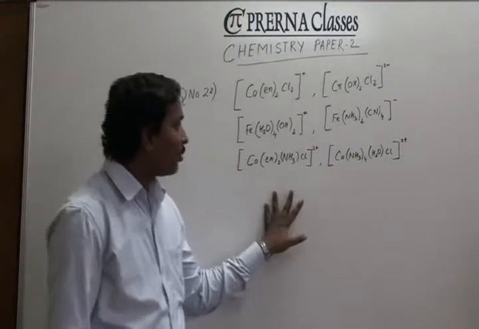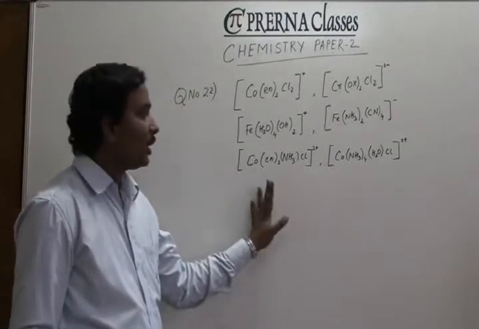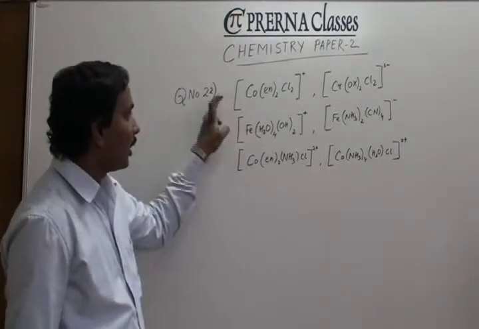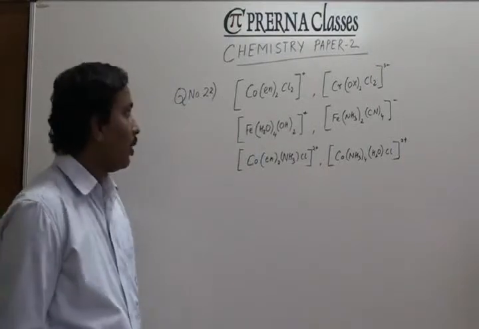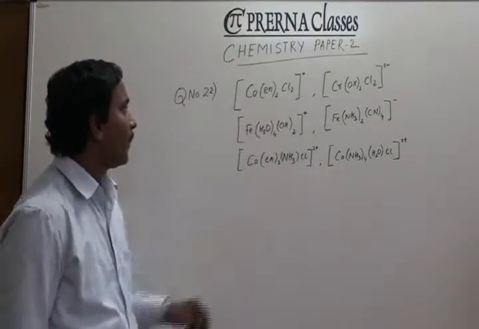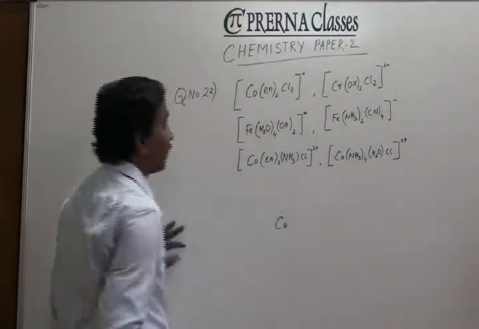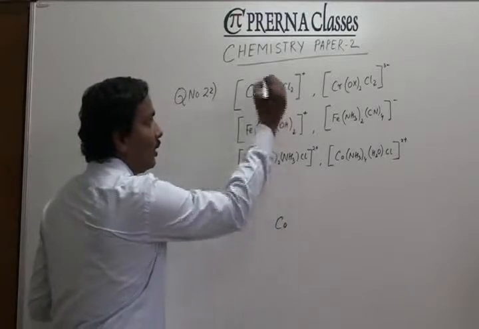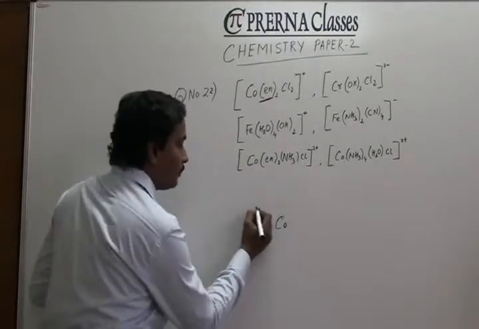Now the next question, question number 22. He asked me to calculate how many geometrical isomers, that is cis and trans isomers, are possible in the following complexes. If you consider the first one, it is cobalt, there is ethylene diamine, so it can make a trans form.